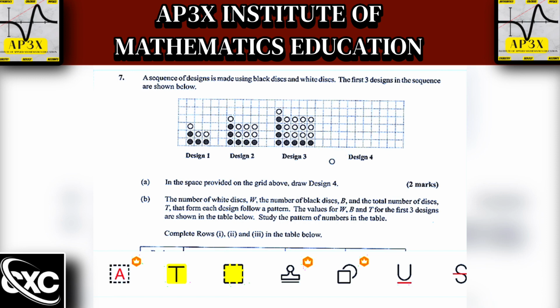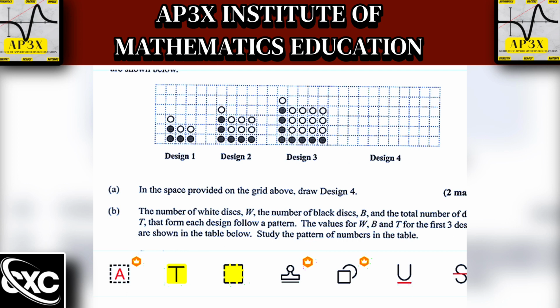Right away I can safely say, let me just zoom up here for you, that this is going to be 1 here, 2, 3, 4, 5, 6. That's the very first thing I recognize, because they said in the space provided on the grid above, draw design 4.